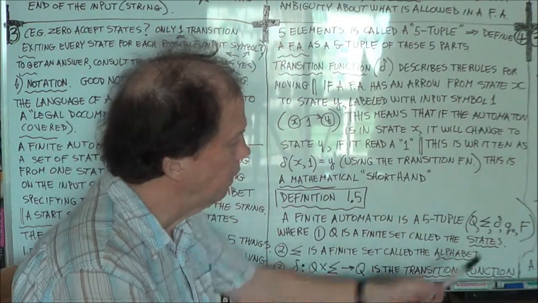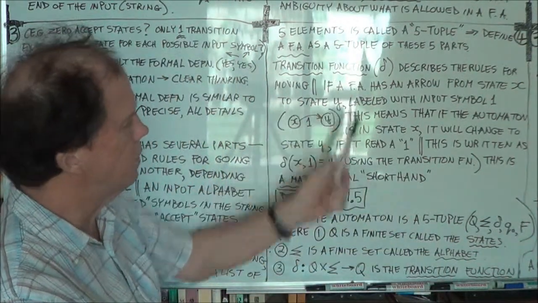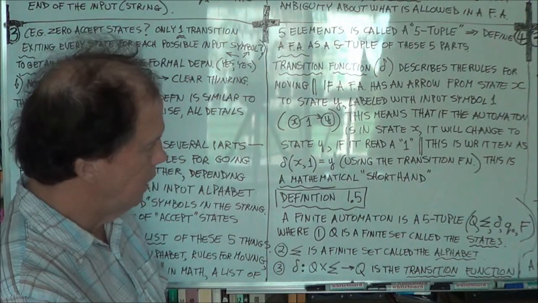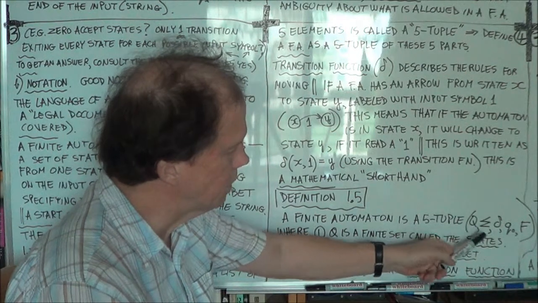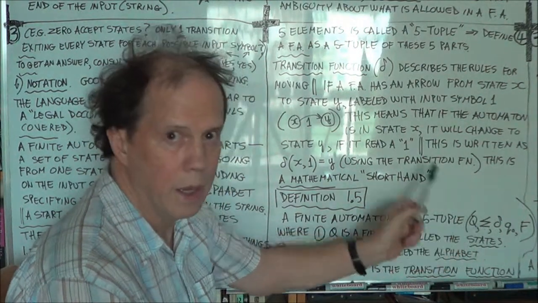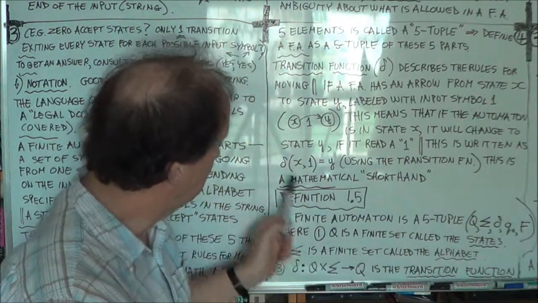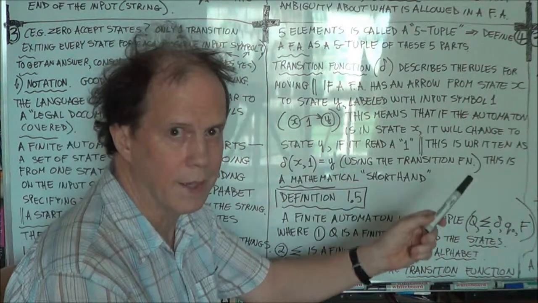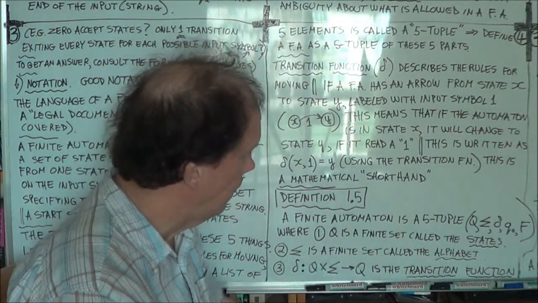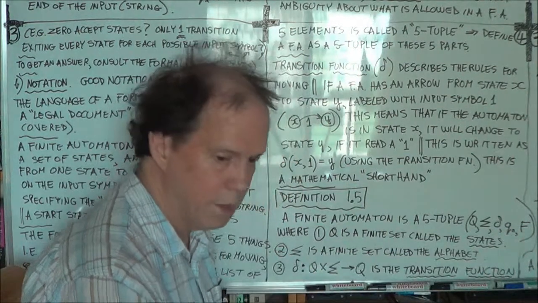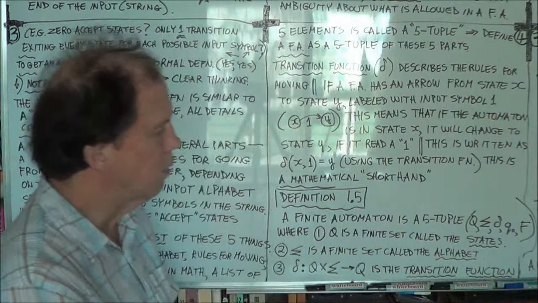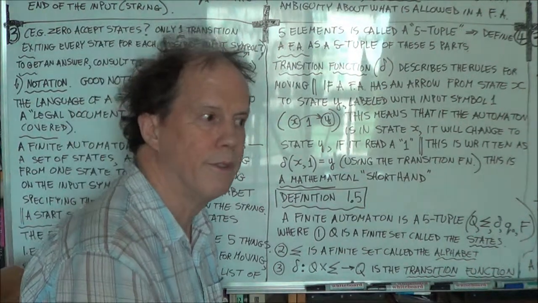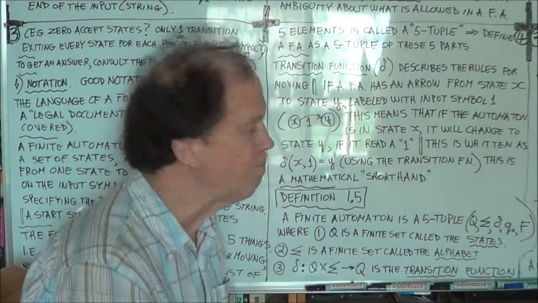Okay. Delta, well, we just talked about that. That's your transition function. It'll take one of these states and one of these symbols and map it like this into the next state. Okay. Q naught, that's your start state, whatever it is, and F, capital F, that's your set of accept states. Right?